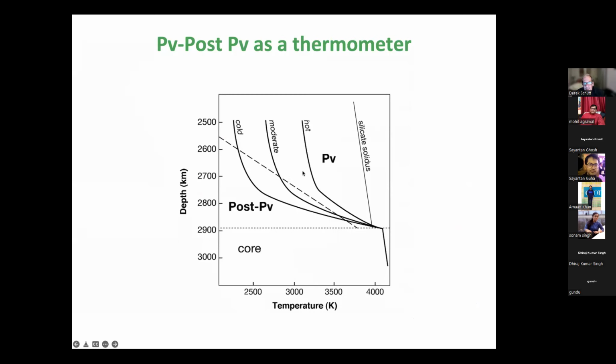And what we can see is if I have a hot geotherm, so given by this hot line here, the temperature of the mantle never crosses into the post-perovskite stability field. However, if I have a moderate or cold geotherm, I will cross into the post-perovskite stability field. So if I have a coldish mantle, I will get a D double prime discontinuity, whereas if I have a hottish mantle, I will not get a D double prime discontinuity.